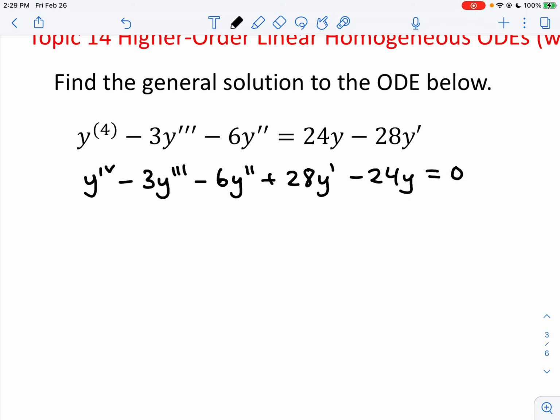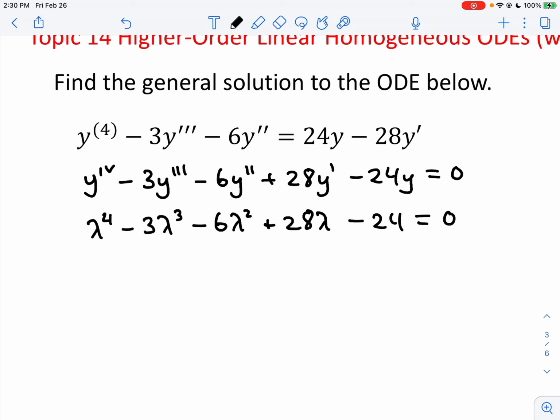So here's our linear homogeneous 4th degree and constant coefficients. The characteristic polynomial will be lambda to the 4th, minus 3 lambda cubed, minus 6 lambda squared, plus 28 lambda, minus 24 is equal to 0.